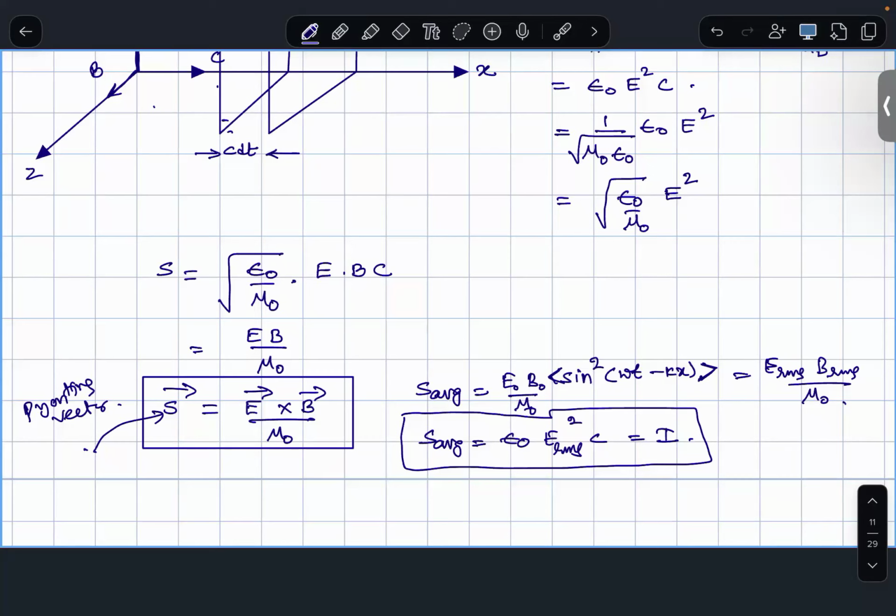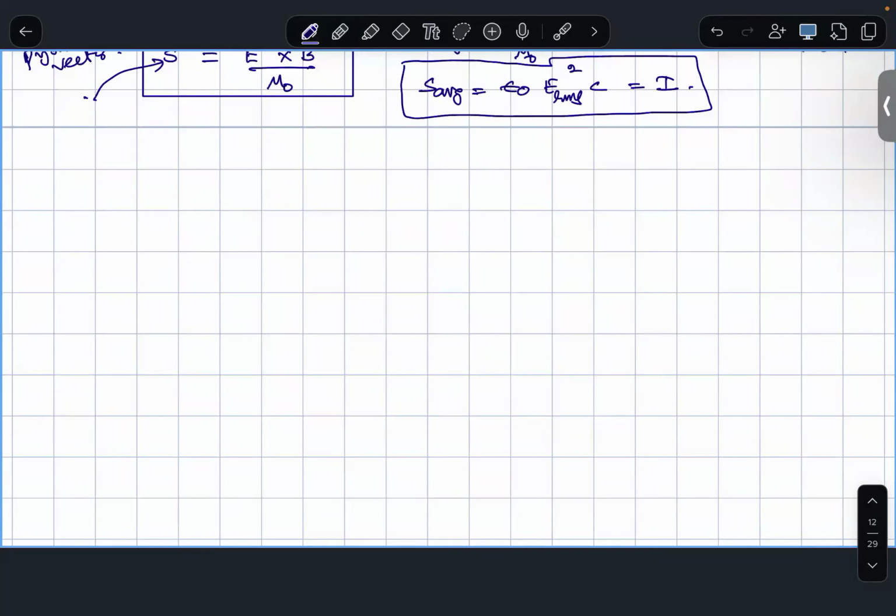Any doubts? So these are some important points that one needs to know. That's all. And one more important point, since the field is oscillating, some important points: EM waves do not require a material medium.